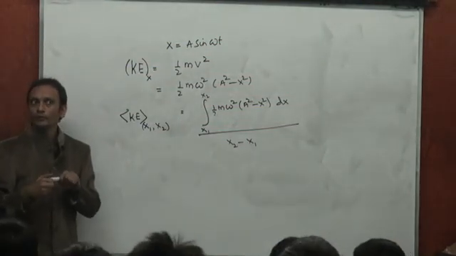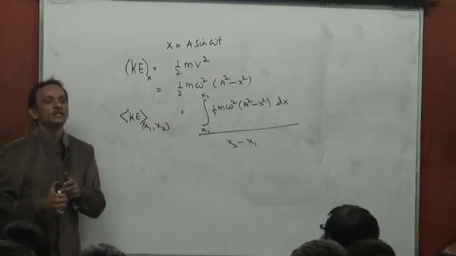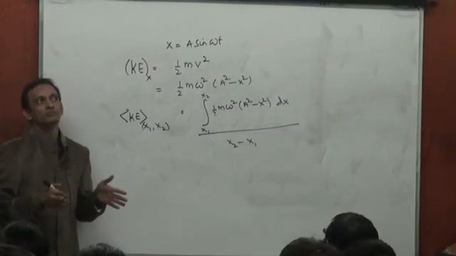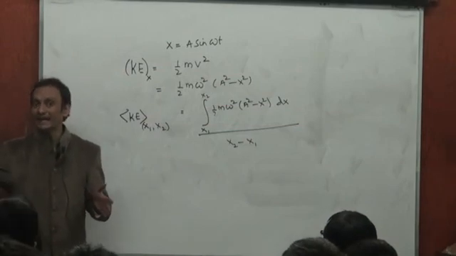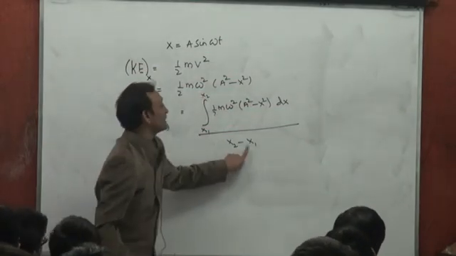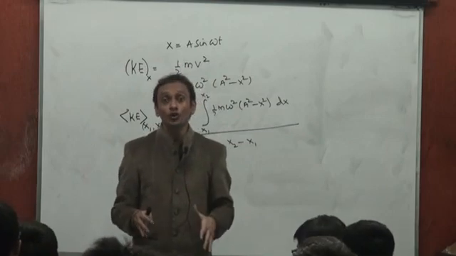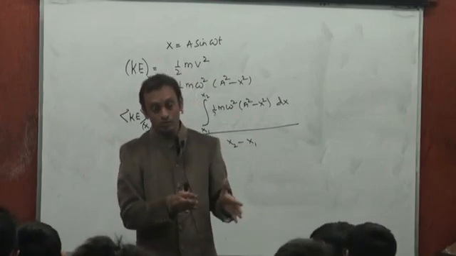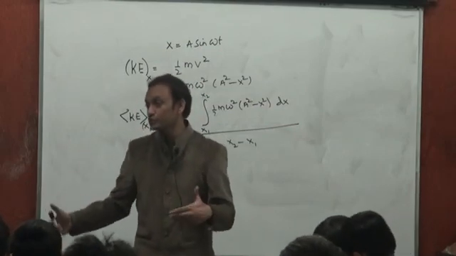If someone says, what's the average kinetic energy when the particle goes from the mean position to the amplitude position, then x1 would be 0, x2 would be a. This would be a minus 0. That would be the average kinetic energy over the space from mean position to the amplitude position.